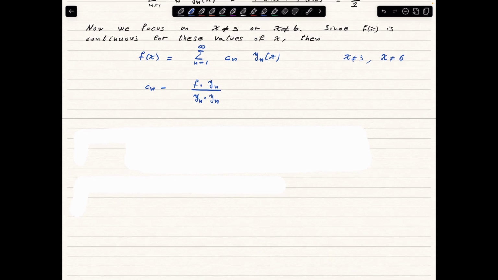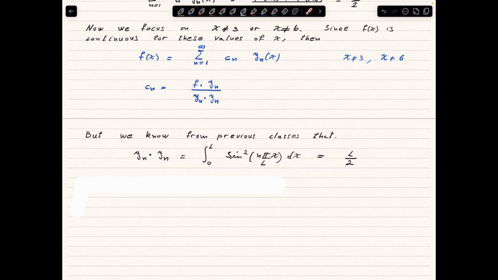Let's start with the denominator, because we already know what the denominator is. We have done in the previous videos that the norm squared of yn for this Dirichlet problem is just this integral of sine squared of n pi x over L, and this is going to be equal to L over 2, and here L is 9.